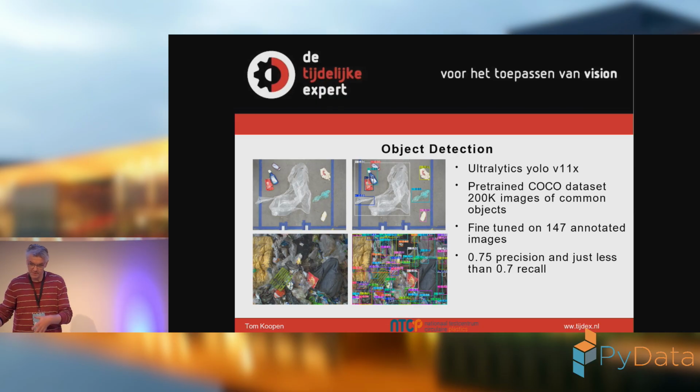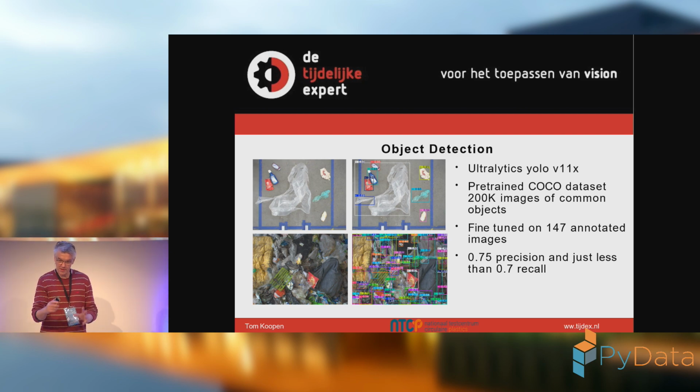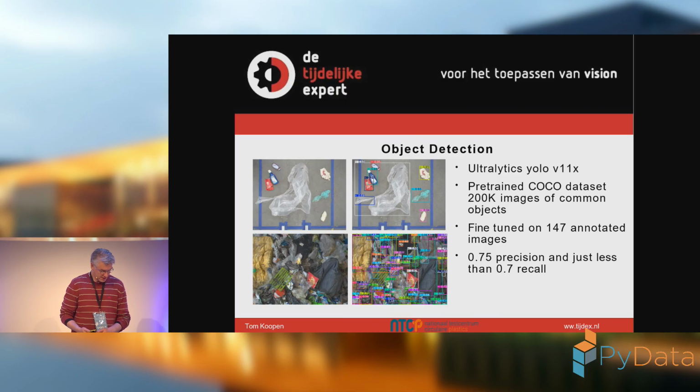We took the setup to the transfer station, where a crane put stuff in, and we took pictures. We labeled 174 images by hand, and then we fine-tuned a YOLO model. And we got a reasonable precision and recall.